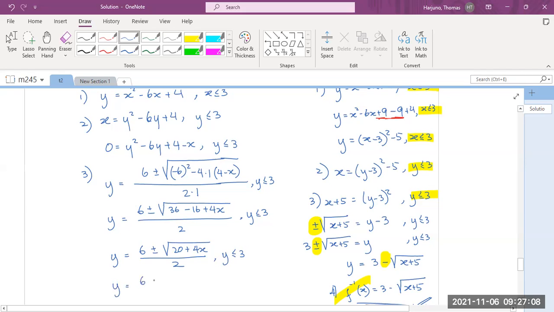I can factor 4 from inside the square root. The square root of 4 is 2.